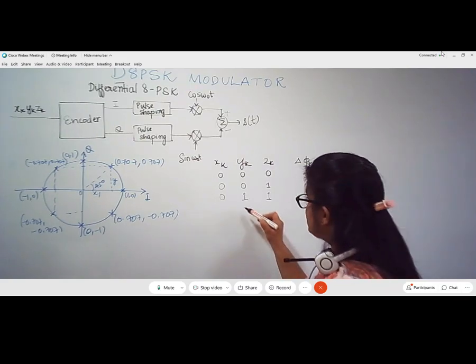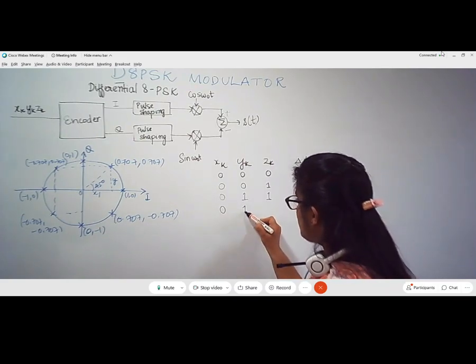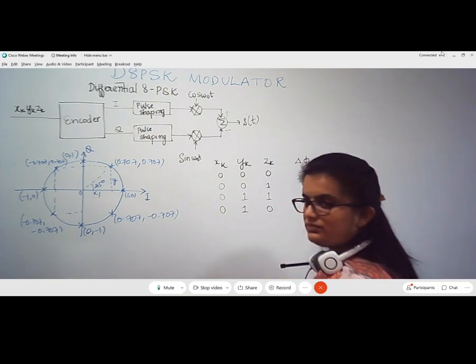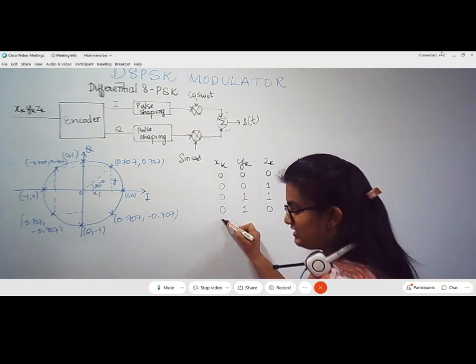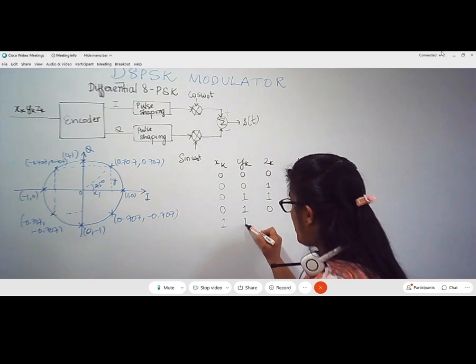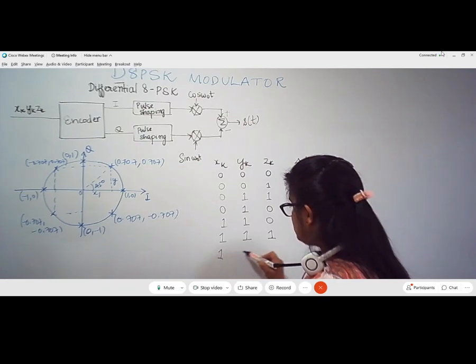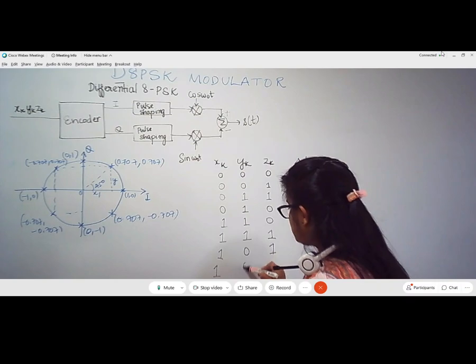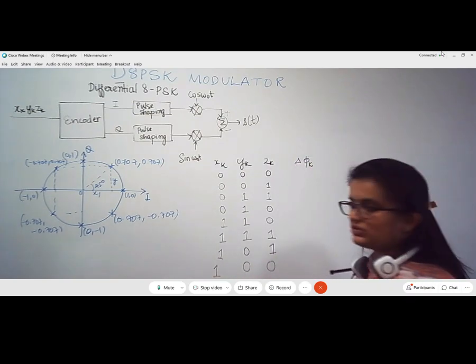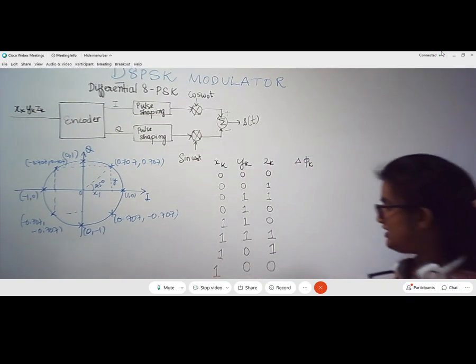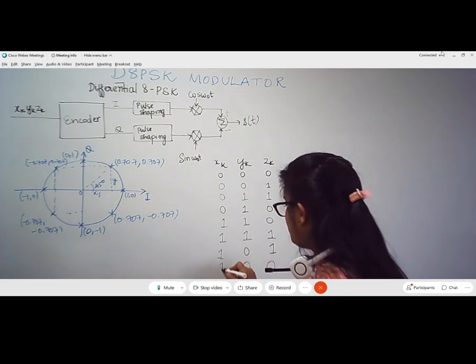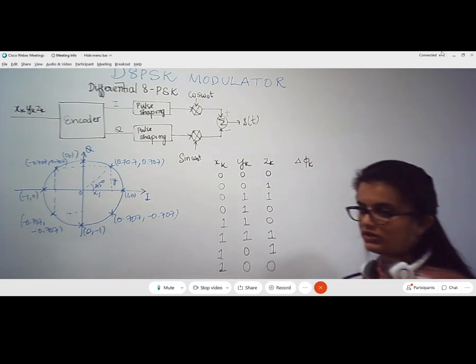Then after 0 1 1 it is 0 1 0. Then it is 1 1 0, 1 1 1, 1 0 1, 1 0 0. So we have covered all the 8 combinations, starting from all 0s to all 1s.